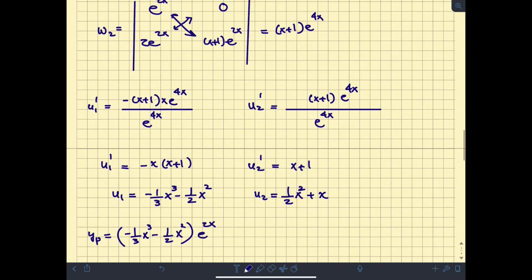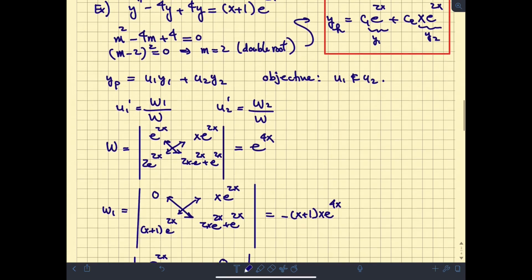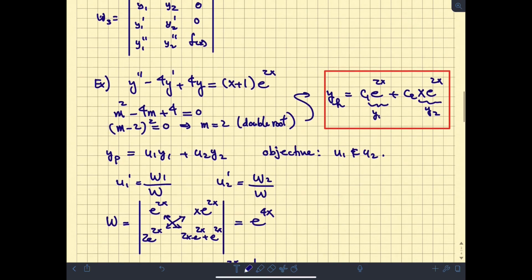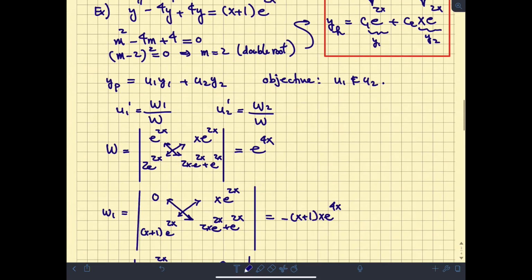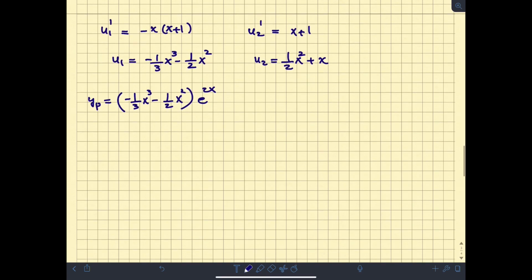I'm going to scroll up for you to see my first fundamental solution. There is my first fundamental solution in a homogeneous box. That's my second fundamental solution in my homogeneous box. So if I go back down to where I'm writing the solution, it will be y particular equals u1 y1 plus u2, which is 1/2 x squared plus x, times y2, which is x e to the 2x.